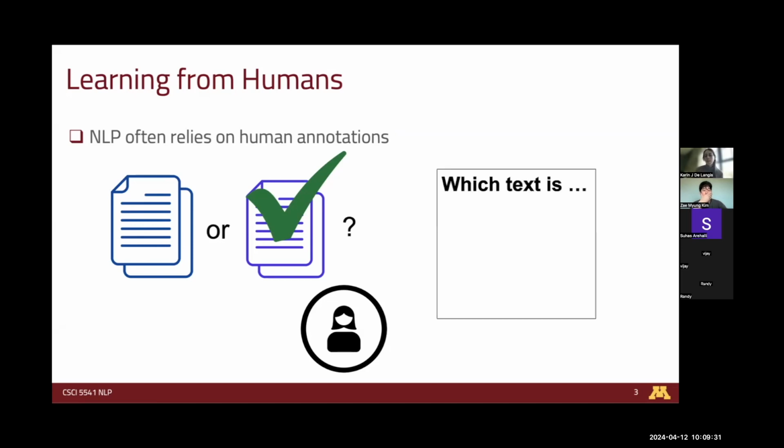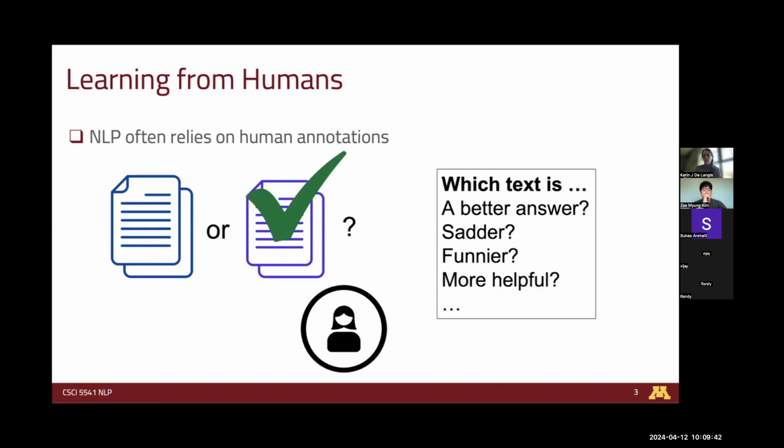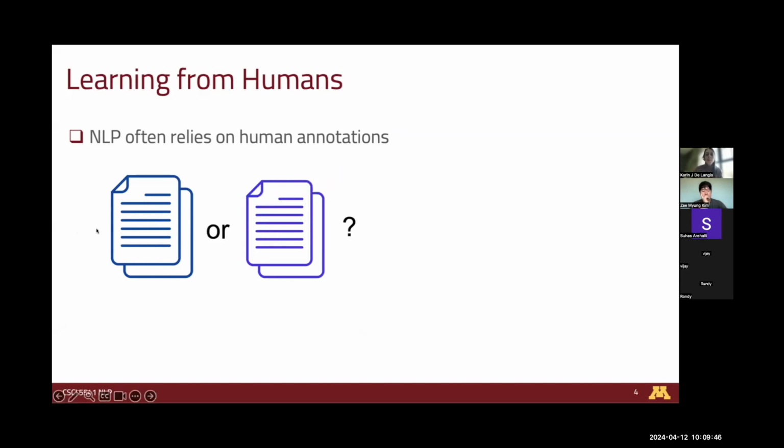And better can mean a lot of things. So we can ask people which text is a better answer to some question, or which text is sadder or funnier or more helpful or anything else that you could think of. Okay, so this is the kind of annotations that we usually have for NLP systems.